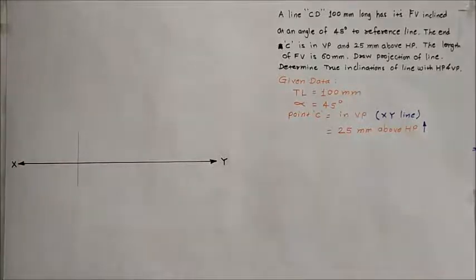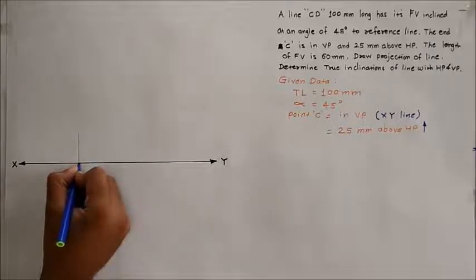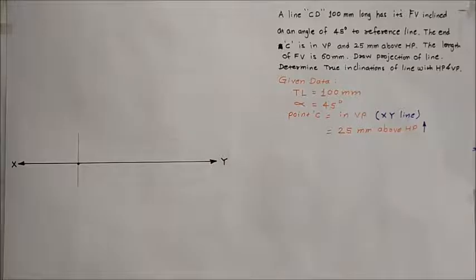On that line, we will mark the point C. So first, point C in VP. So that dimension is always visible in the top view, but the point C is located in vertical plane, so this point C should be located on the XY axis.